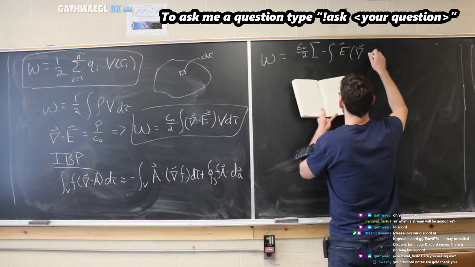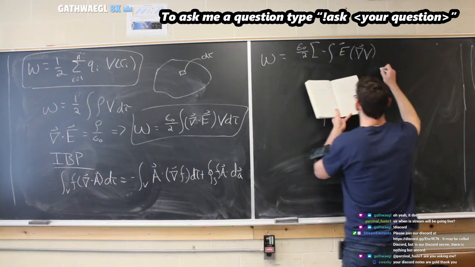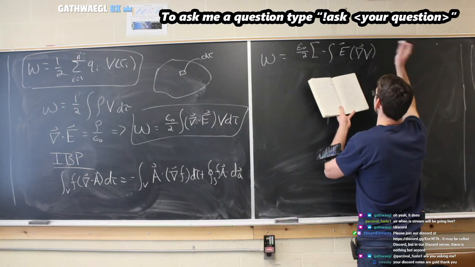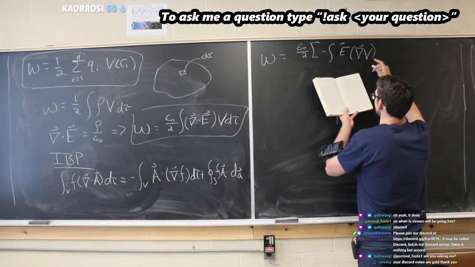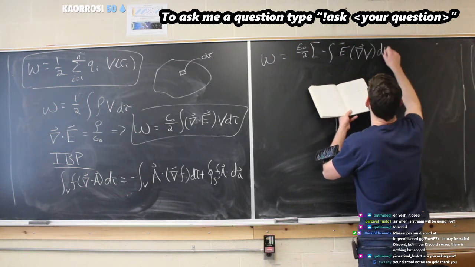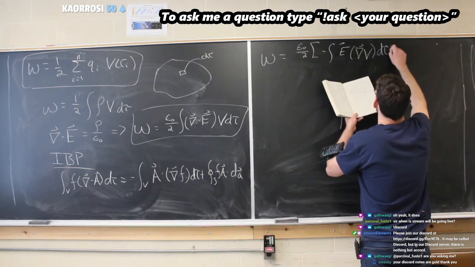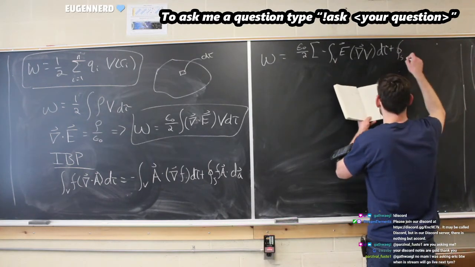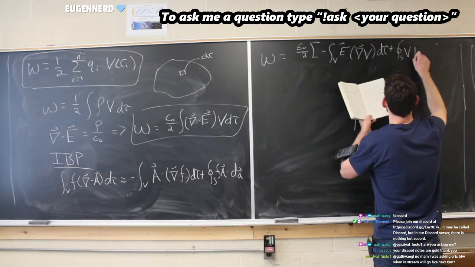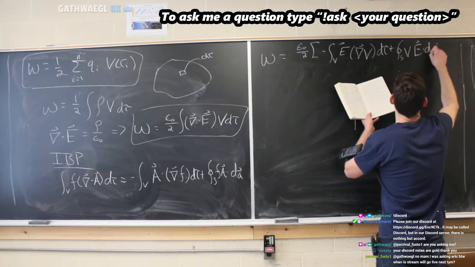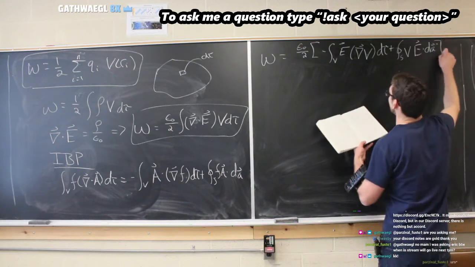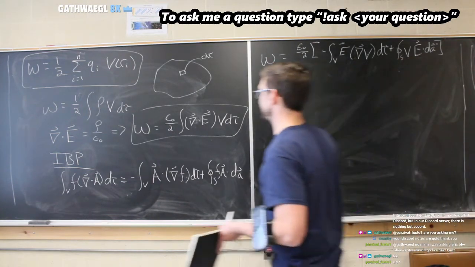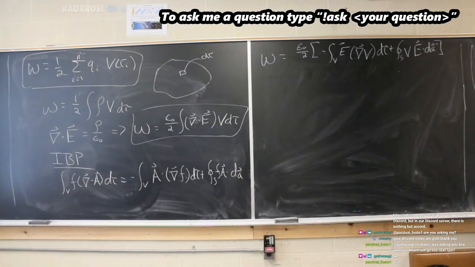Gradient, divergence, whatever. You guys know them. Plus the surface integral. Now this is a volume integral. This is a surface integral. That's going to be very important. V E dot dA. There we go. So that's the new one after we do this tomfoolery.